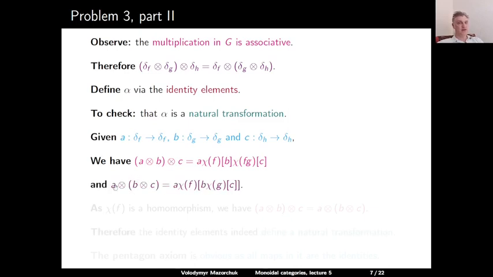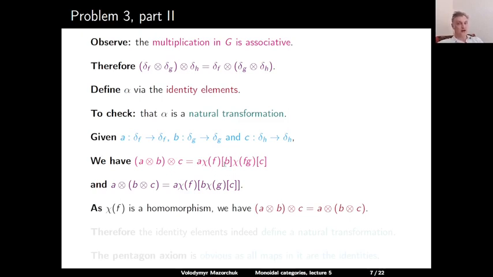Another bracketing: A tensor with B tensor C. We should multiply A with chi of F applied to B tensor C. B tensor C is B times chi of G applied to C. So we get these two expressions. Note that chi of F is an automorphism, so it's a homomorphism.